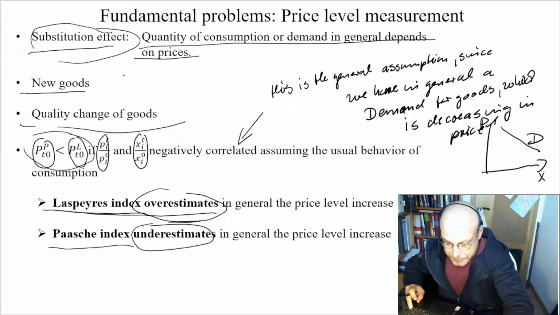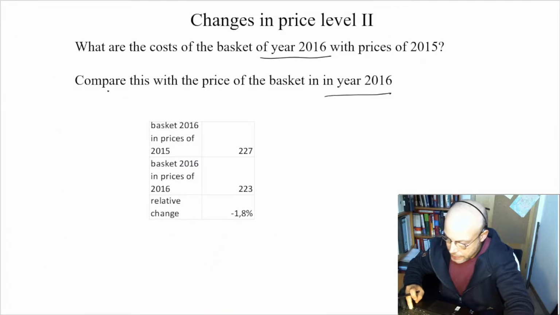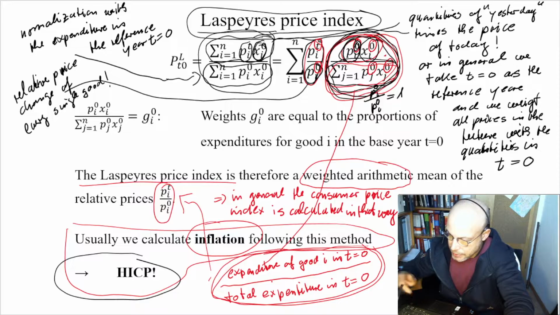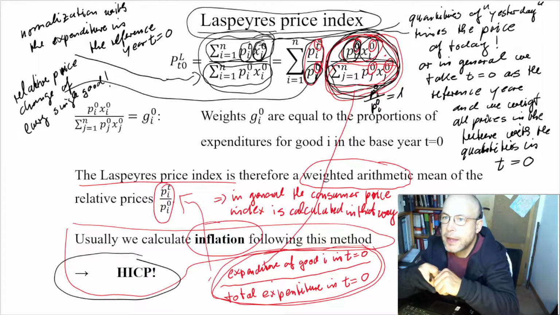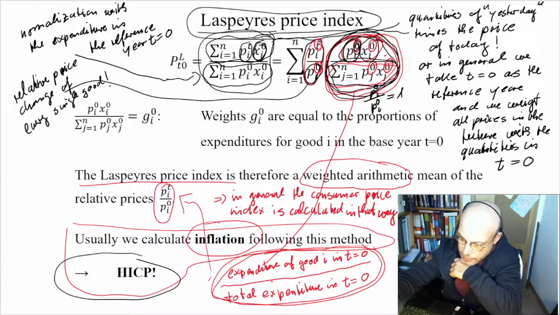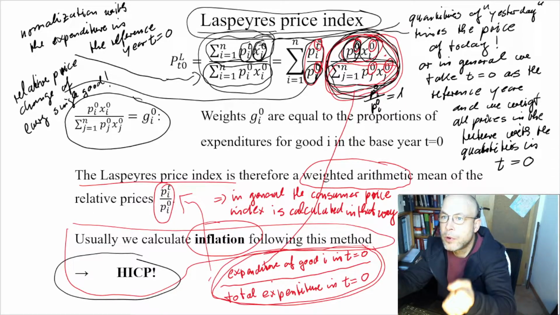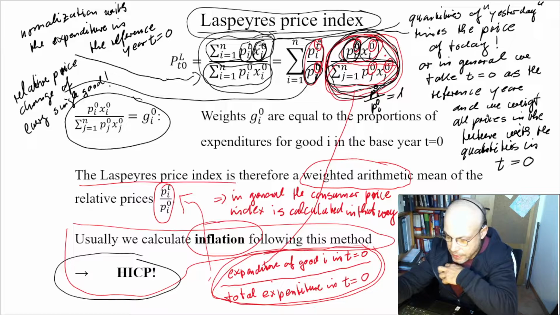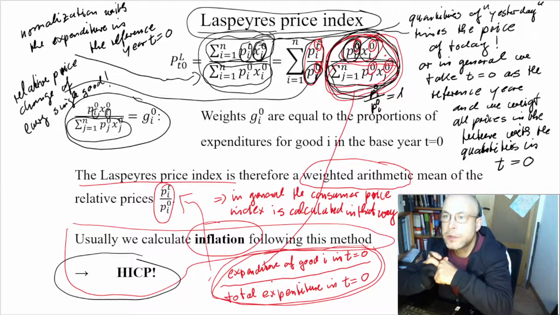When we look at the formulas, we see that the Laspeyres index is nothing else than a weighted arithmetic mean, with the weights being the proportion of the specific good i relative to total consumption.